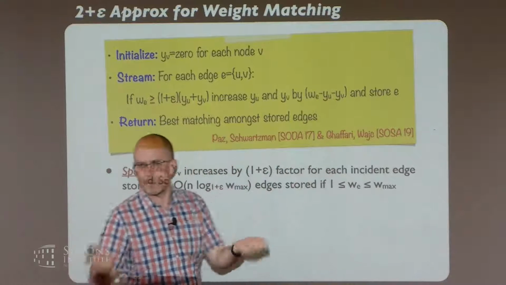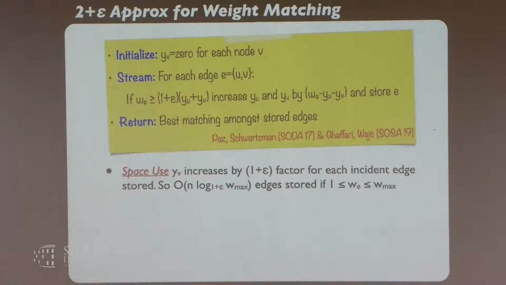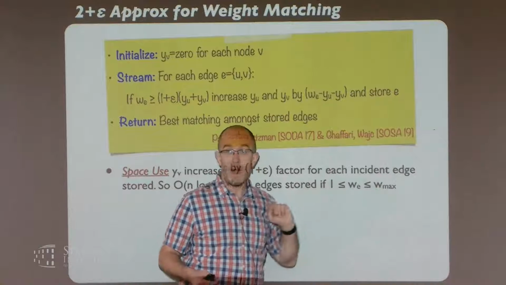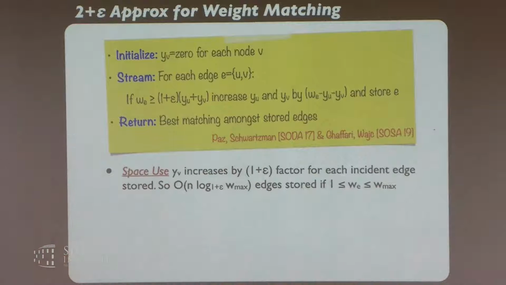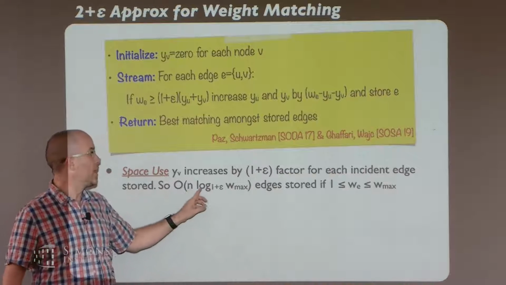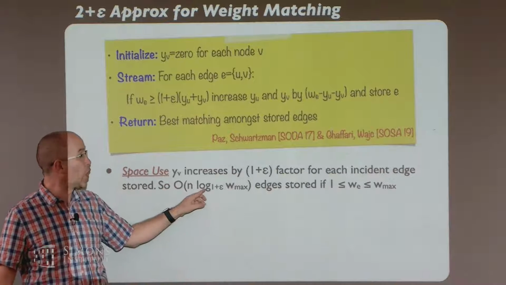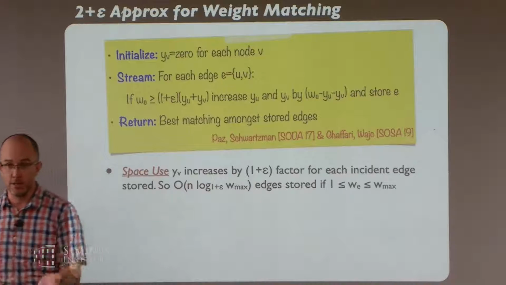Push that together, you get a 1 plus epsilon increase. So every time you store an edge incident to v, yv increases by a factor 1 plus epsilon. And so if all the edge weights are between 1 and W max, you can argue that at most log base 1 plus epsilon of W max edges will ever need to be stored on a single node. And so this applies to all nodes. So we end up having n times log base 1 plus epsilon of W max edges stored in total.